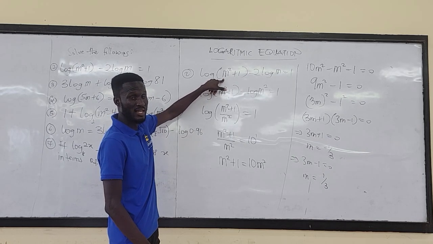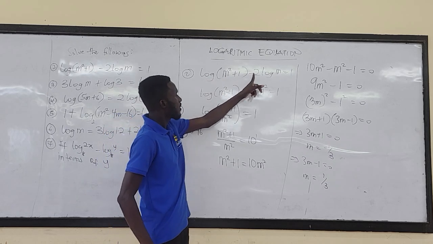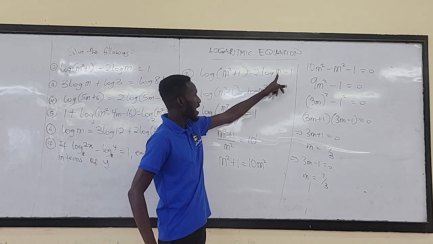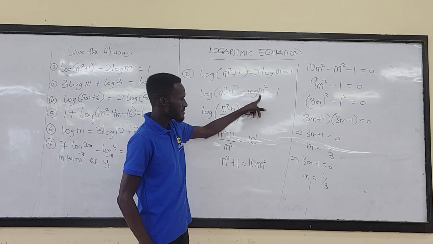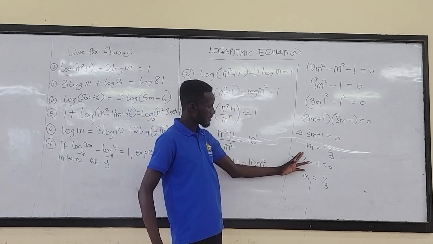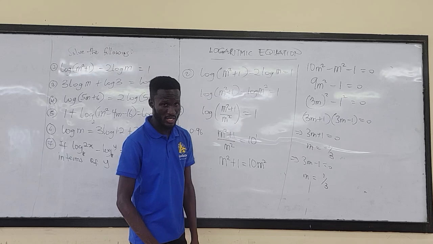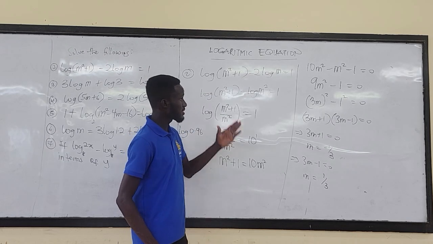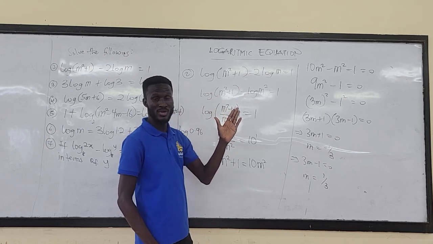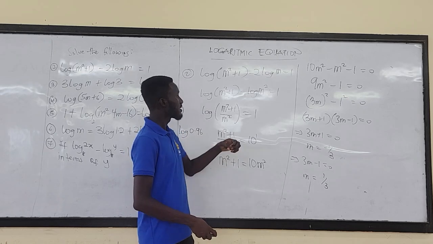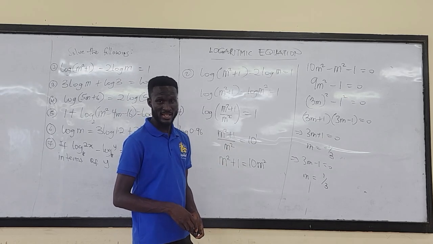Positive, because it is negative 1 over 3 squared. Now when you bring this one as the exponent of the m, you're going to get m squared. And since this one is m squared, when you put negative 1 over 3 there, it is still going to give us a positive number. So which means the two answers will satisfy the equation.